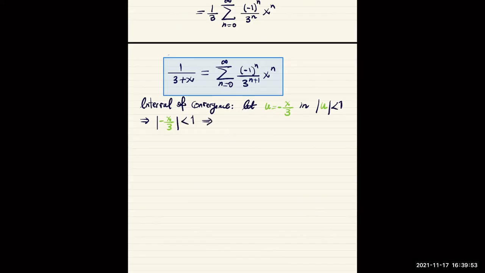Okay, again, absolute value of negative, the negative drops out. We have 1/3, you could just take that out of the absolute value, write that as absolute value of x divided by 3 less than 1, and then multiply by 3, you get absolute value of x less than 3, and that is the interval of convergence.